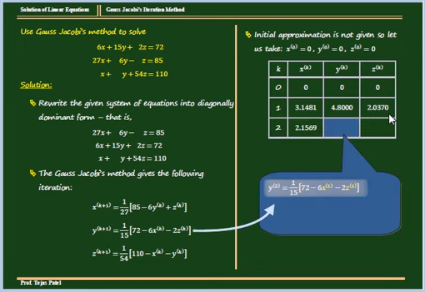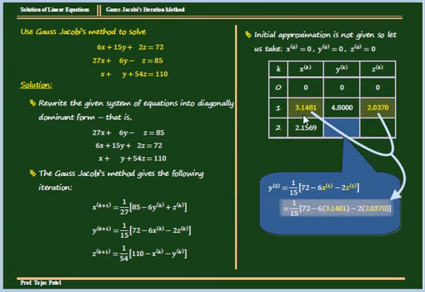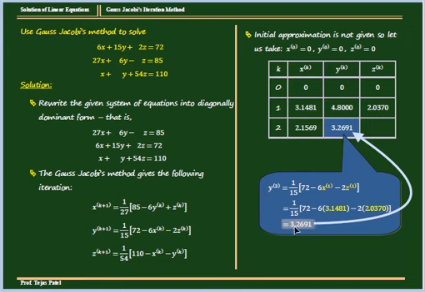Similarly from the second equation, y2 is 1 upon 15 72 minus 6 x1 minus 2 z1, and x1 की वैल्यू है 3.1481, z1 is 2.0370, so substitute this value and solve this, we'll get 3.2691.